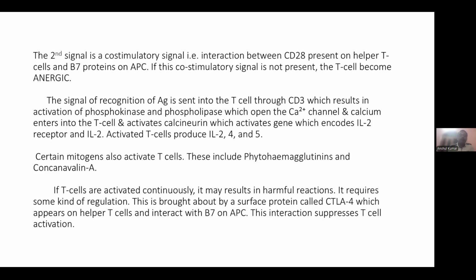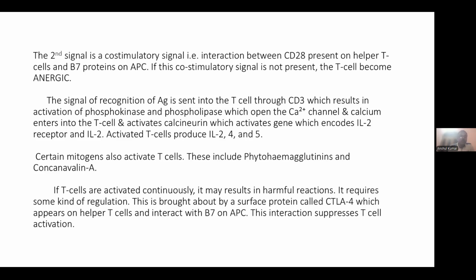So even if the MHC class II proteins and T cell receptors on the T cells interact, if the co-stimulatory signals, that is B7 and CD28, do not react, the T cell will not get activated. The signal of recognition of antigen is sent into the T cell through CD3, which results in activation of phosphokinase and phospholipase, which open the calcium ion channels.